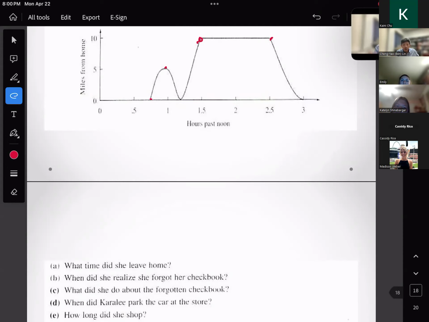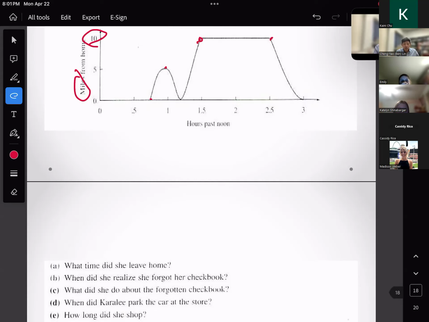So here are the miles. How far? It's about 10 miles, right? 10 miles. Okay. Pretty much this problem is helping children to understand the graph, how to read the graph, okay?